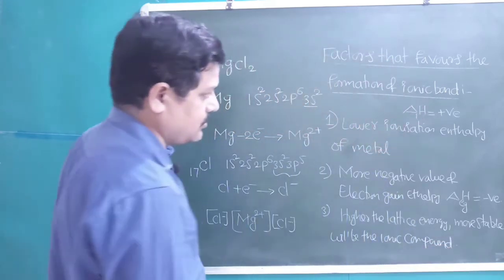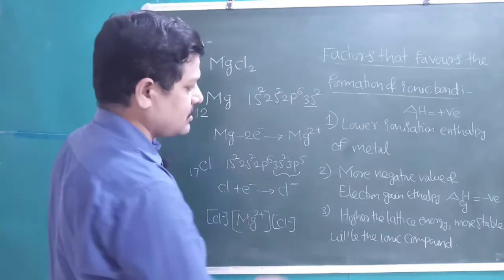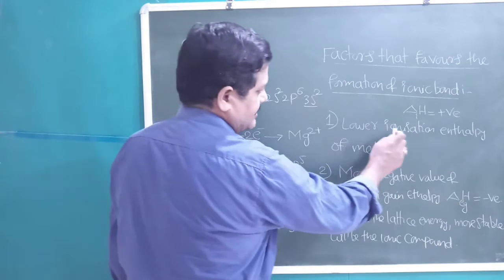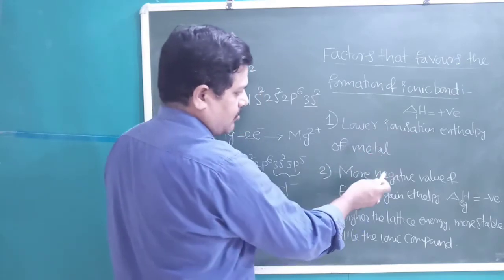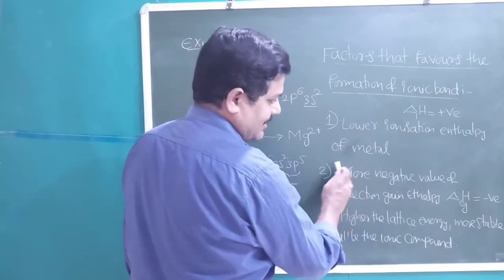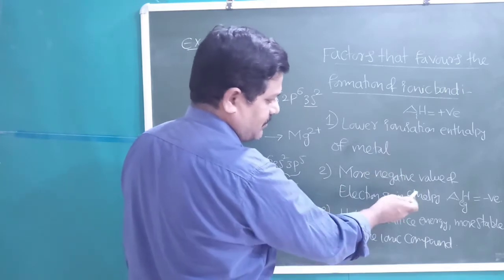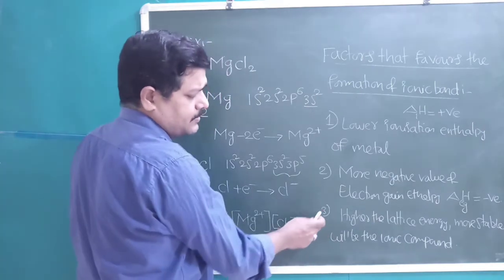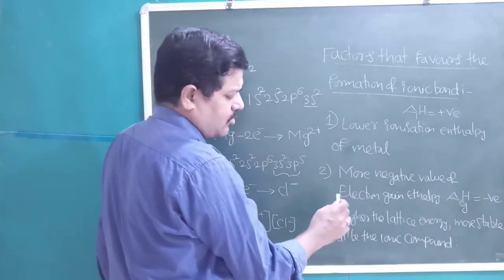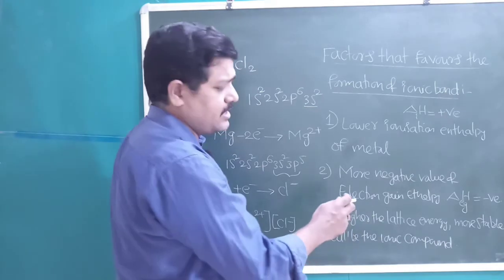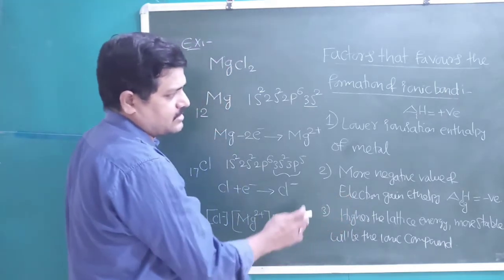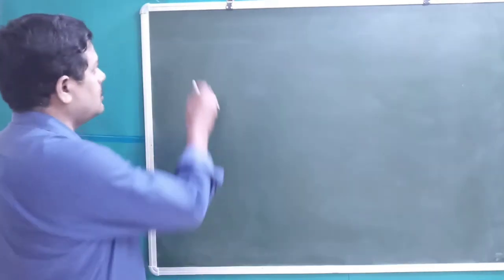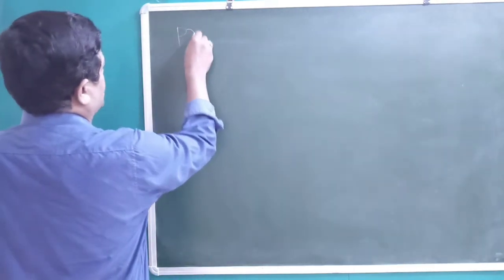Students, to form an ionic bond, these conditions are required generally: lower ionization enthalpy of the metal, more negative value of electron gain enthalpy for the non-metal, and lattice energy should be very high. Higher the lattice energy, more stable will be the ionic compound. Let us continue our discussion with the properties of ionic compounds now.